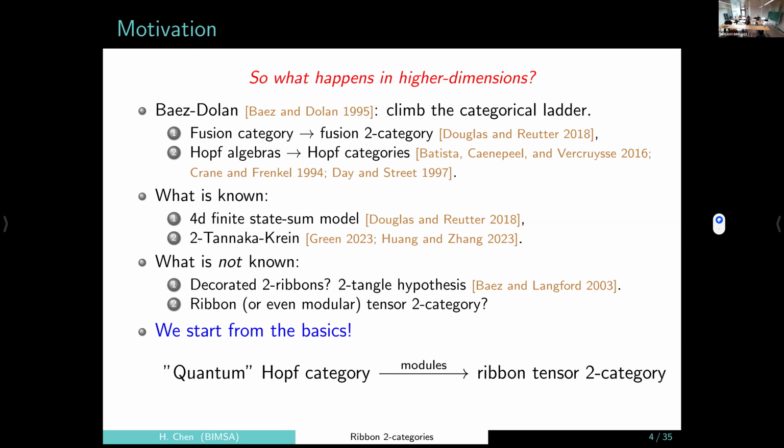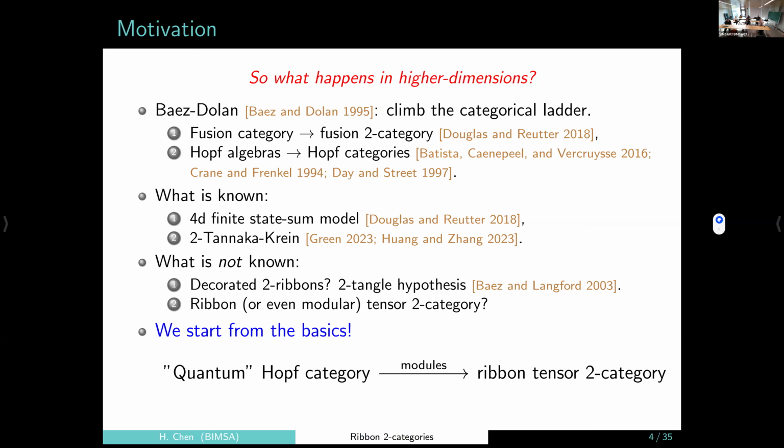This is described in more detail by this paper by Baez and Langford, but I'll talk a little bit later about how their construction is actually not exactly correct, though there's a whole bunch of nice stuff. The main goal of this project is to construct something modular.